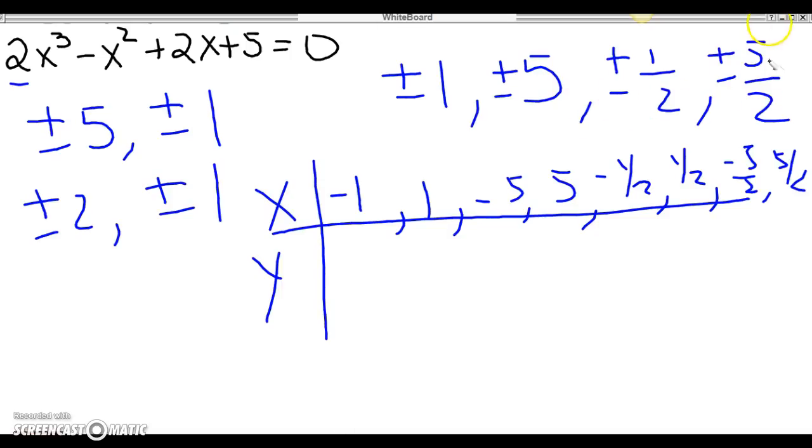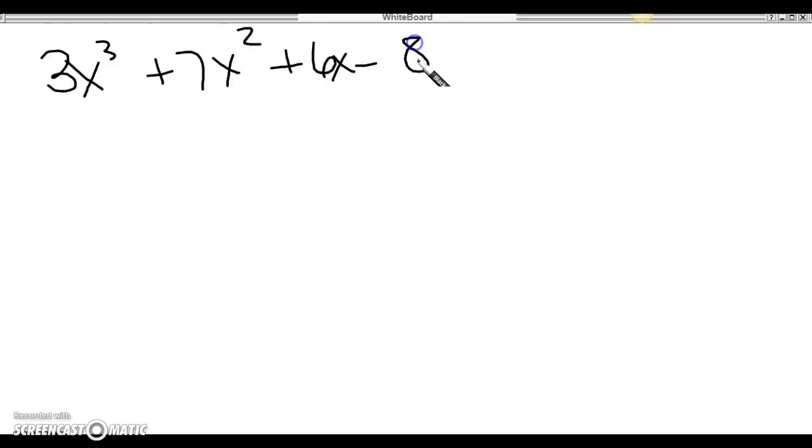So let's go here. I'm going to erase this, clean this board. And so we have 3x to the third plus 7x squared plus 6x minus 8. Okay, so first I'm going to look at my constant term.